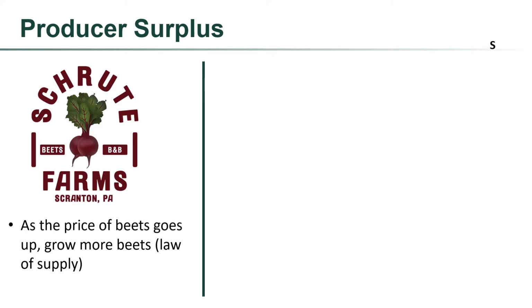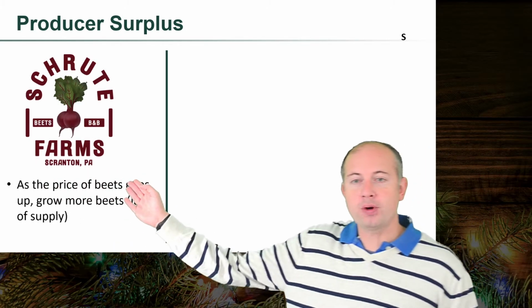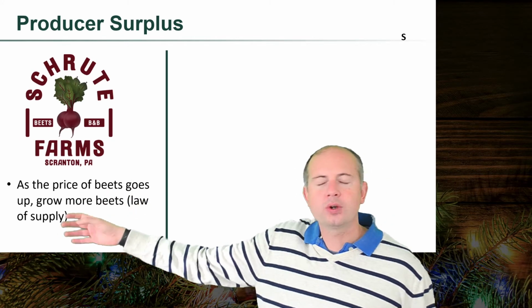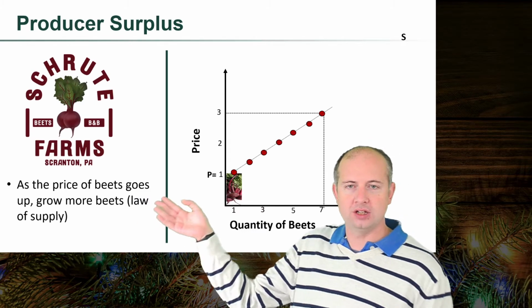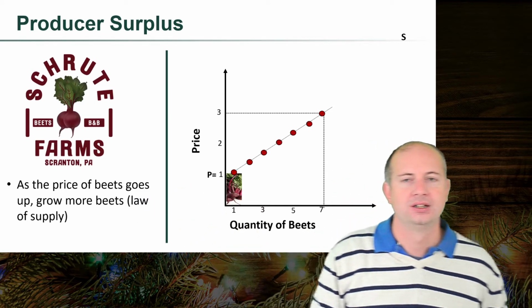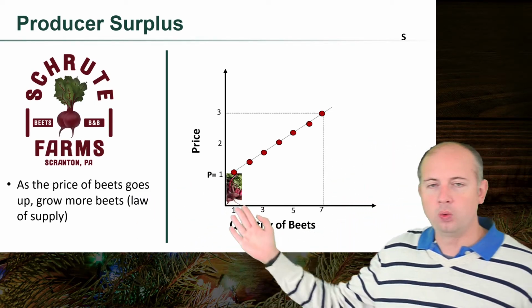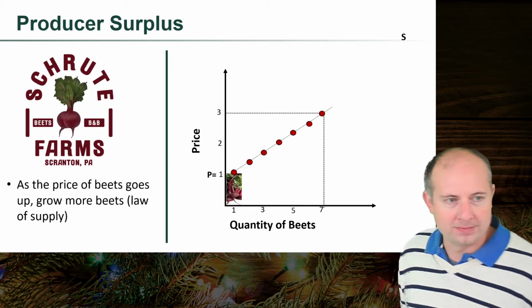So we talked about Michael's demand for ice cream before. Now we will talk about Schrute Farms, which is a beet growing farm. As the price of beets goes up, we're going to grow more beets, right? That's the law of supply. So let's start off thinking that the price is low and the price is only $1 per beet. Well, at that price, Dwight Mose will grow one beet.